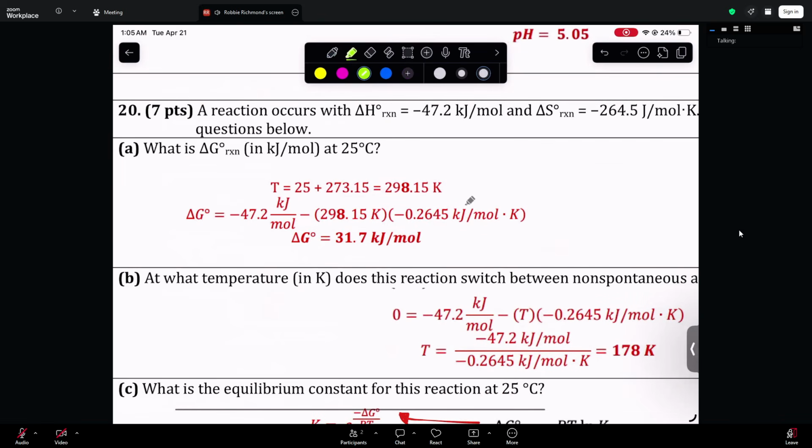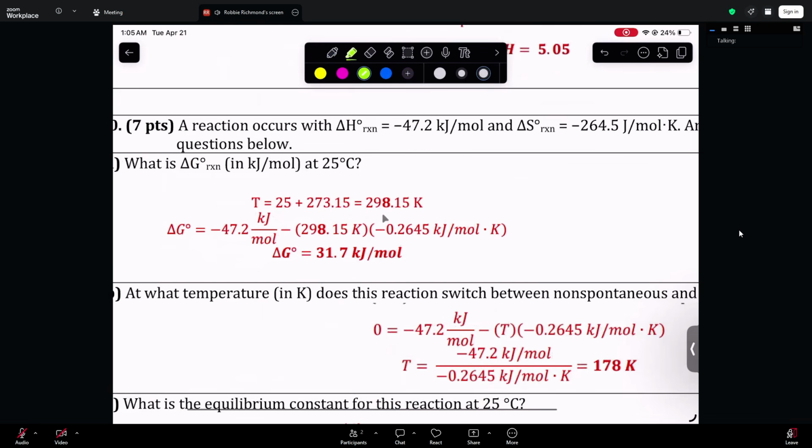So plugging that in, just follow your sig fig rules that we've been doing all year. This will end at the ones place, based on our sig fig rounding rules right here. 98.15 has 3 sig figs, and then this has 4 sig figs, so whatever product here will have 3 sig figs.